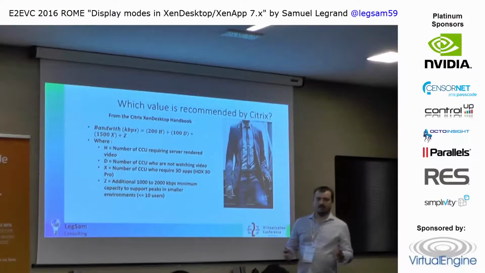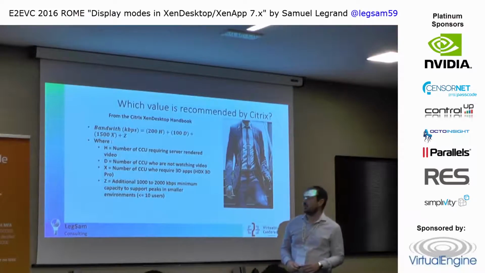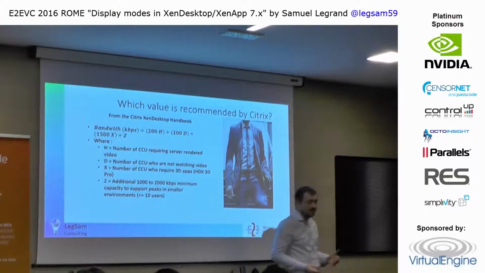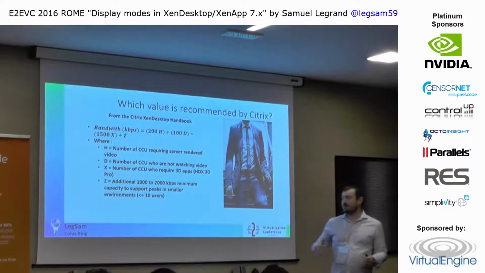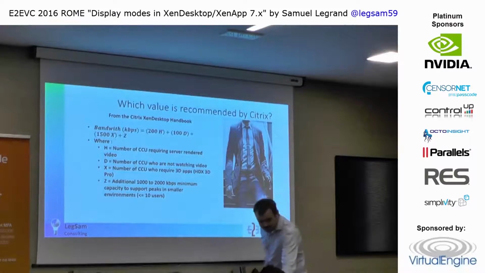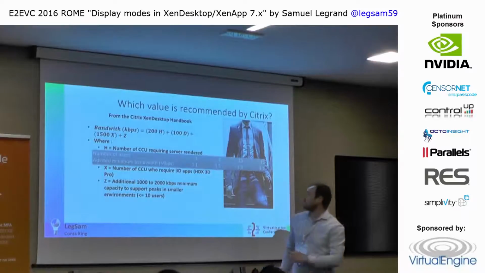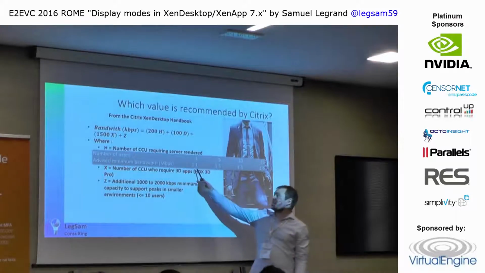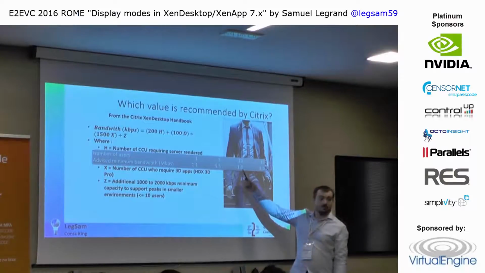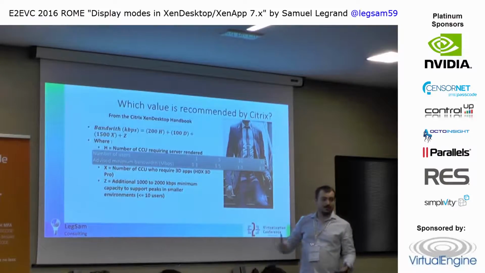It's quite easy to get, but the problem is that for small offices you have to take some additional kilobits, and this is something that is sometimes forgotten by customers also. So if we summarize with that, for one user Citrix asks us to have 1.1 megabytes, which is almost the same for 10 users with this formula.